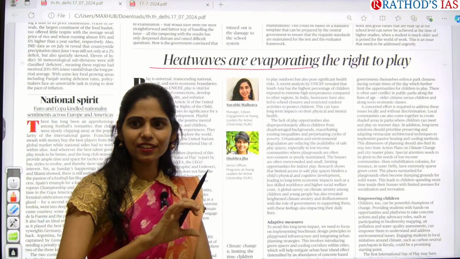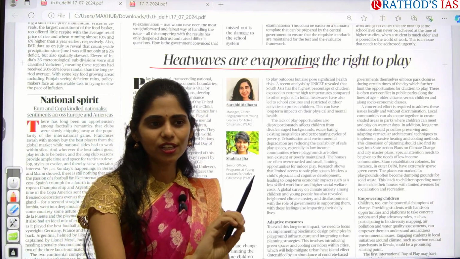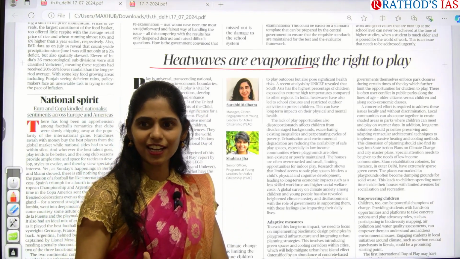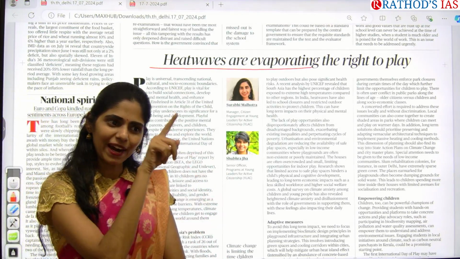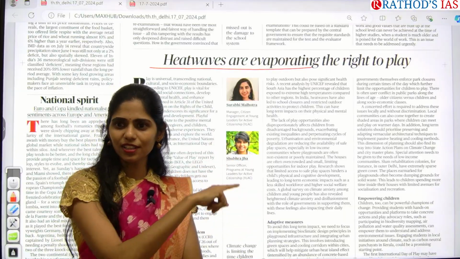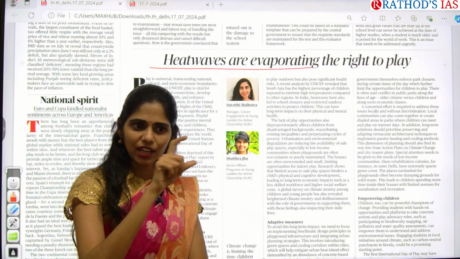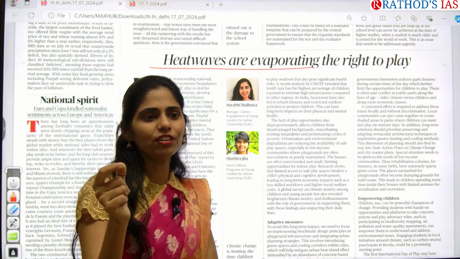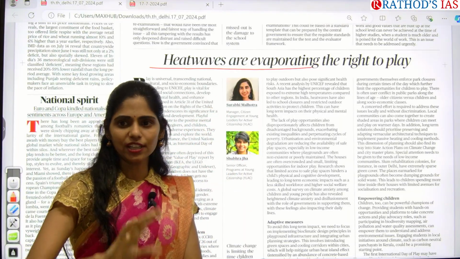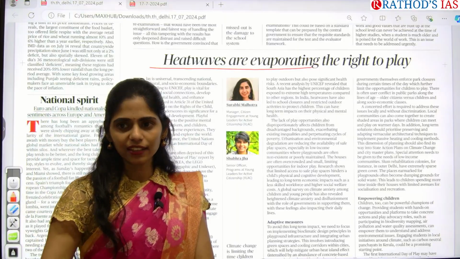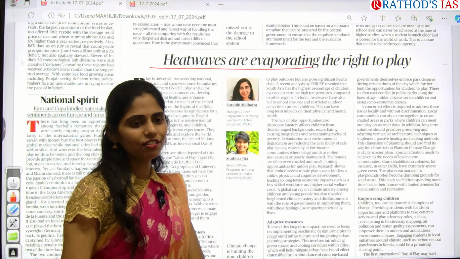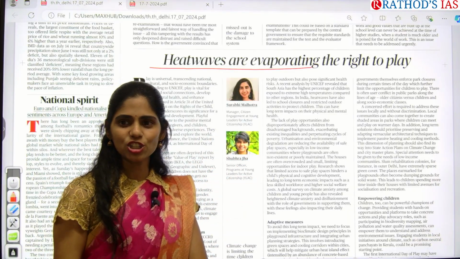Write the criteria for plains, coastal regions and hilly areas. Then write the impact on women, the elderly and children. If you get a question on the impacts of heat waves, divide it section-wise, like children, elderly, women. Then you will have enough points to substantiate your answer.